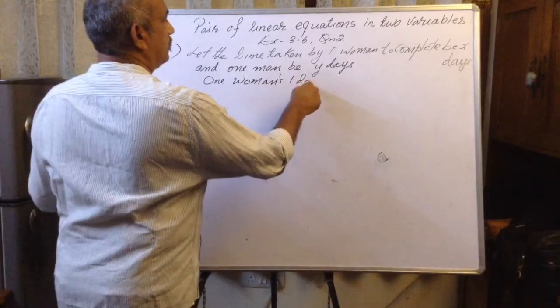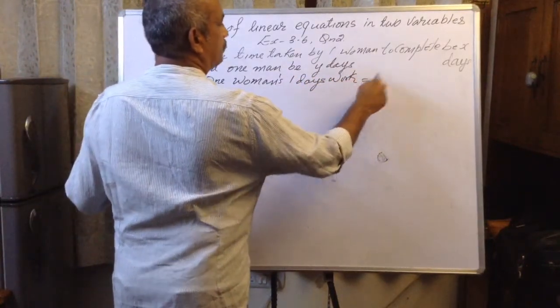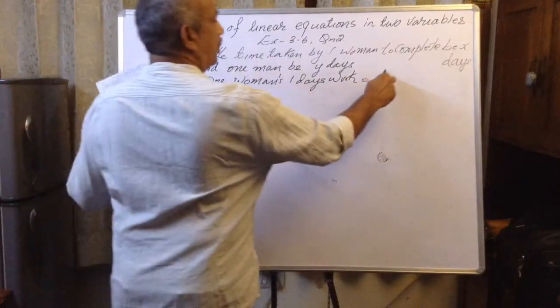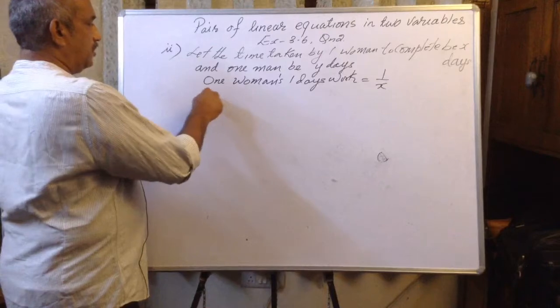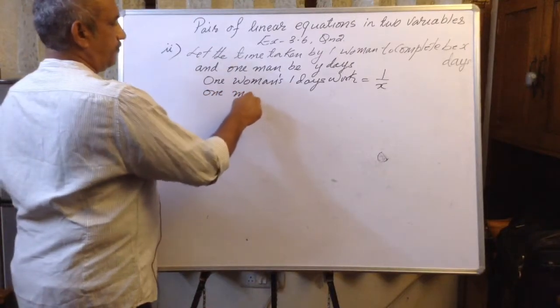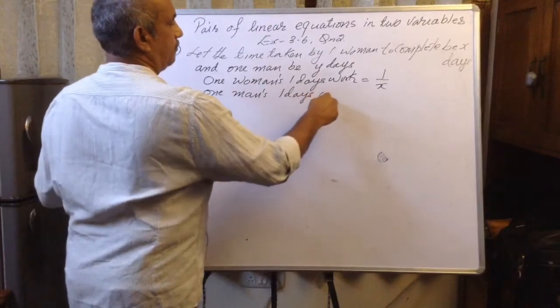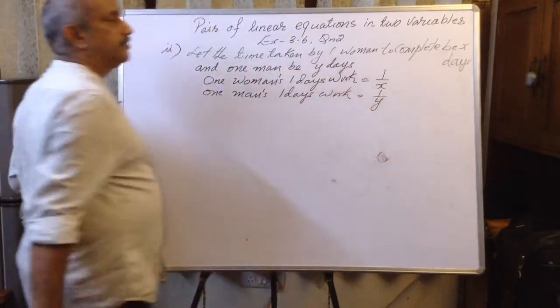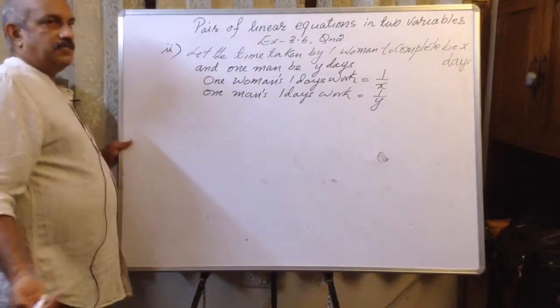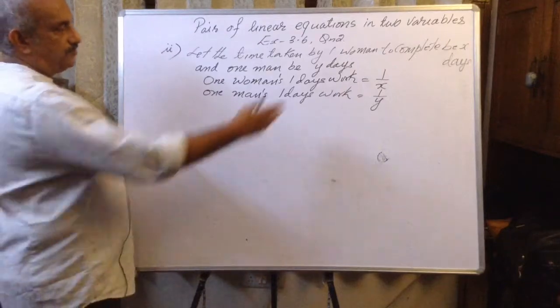So same, we take 1 woman's 1 day's work, because she can complete in X days, so 1/X. Same for 1 man's 1 day's work, 1/Y. If I can complete a work in 5 days, my 1 day's work will be 1 upon 5. Same only.